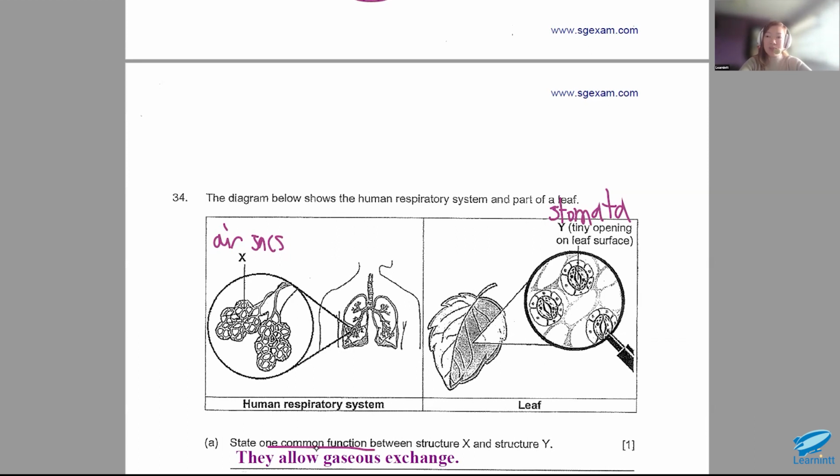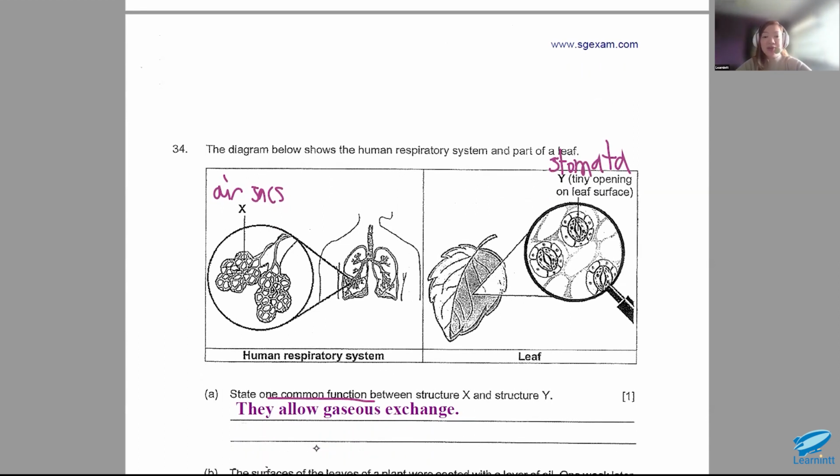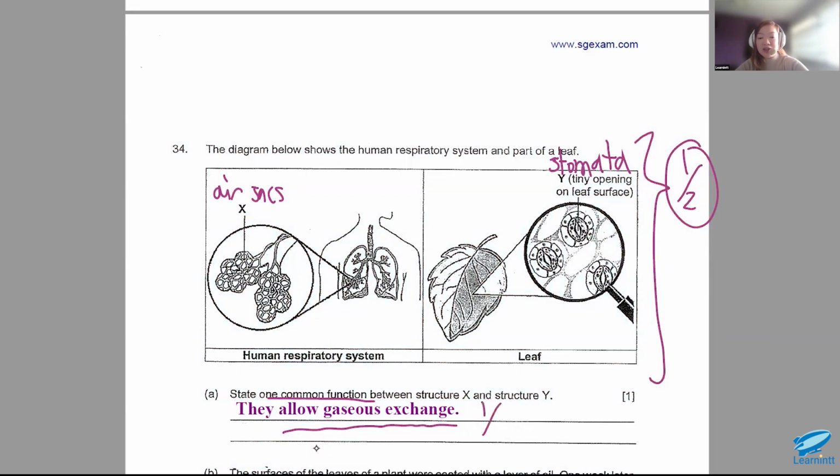What they do, they help us to breathe. They help the plant to breathe. But it's best to use the word respiration or gaseous exchange. So, allow gaseous exchange. Being able to identify the parts is half mark. So identifying that it is the air sacs and the stomata is half mark. Knowing the function is the other half mark. In total, 1 mark. There are 2 parts to it.